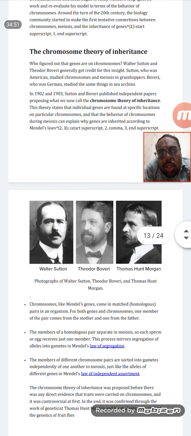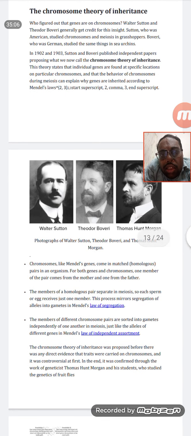That is also a big topic to explain. And he found out a new thing known as linkage and recombination.